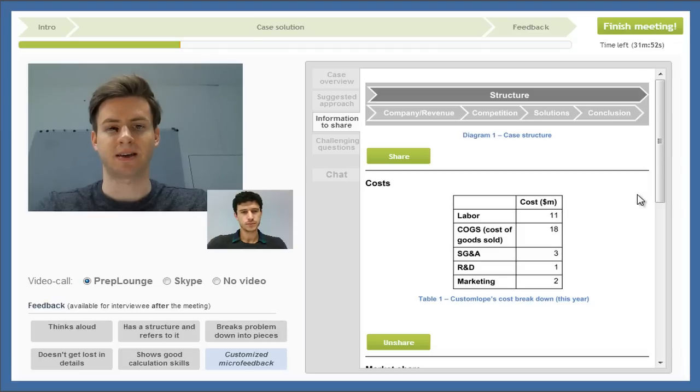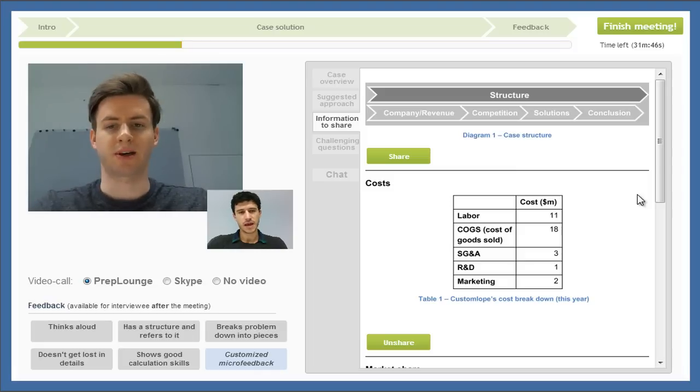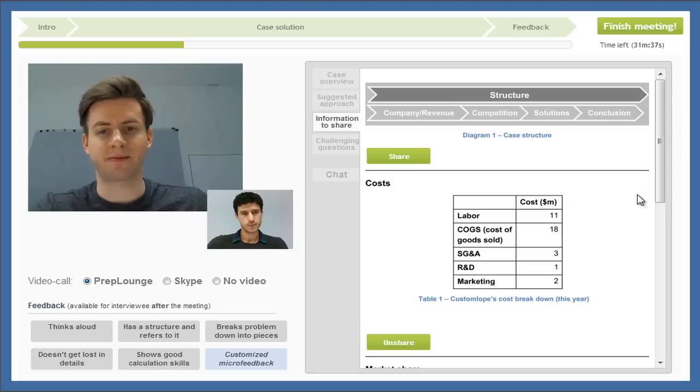And so how much is that per envelope? Okay. Can you tell me that? Yeah. Well, I'd calculate the percentage of the costs.